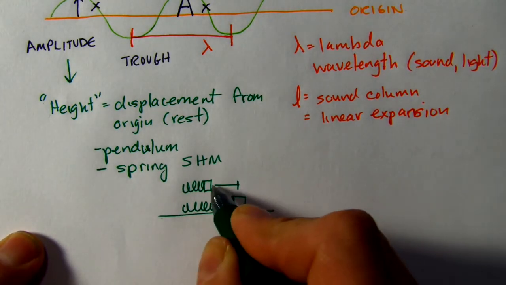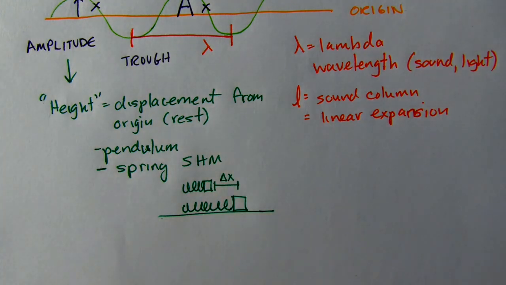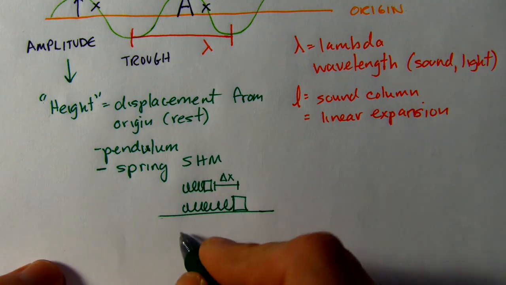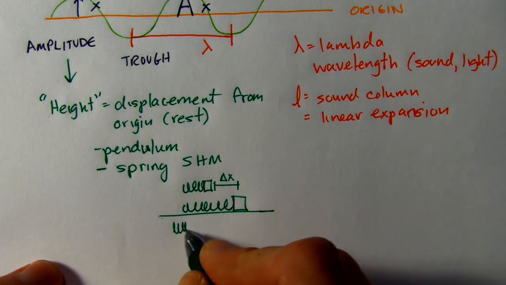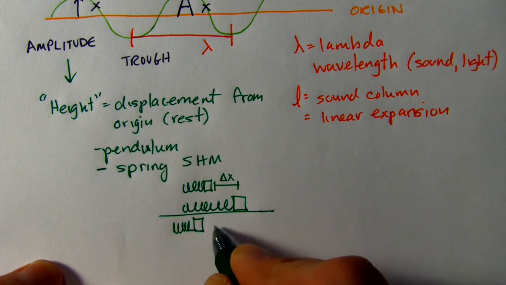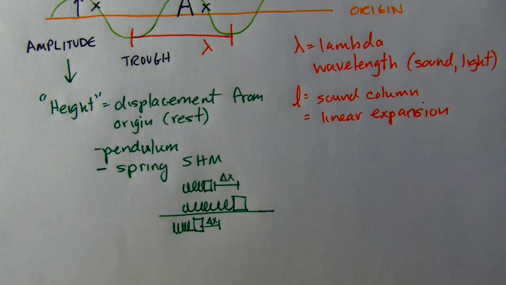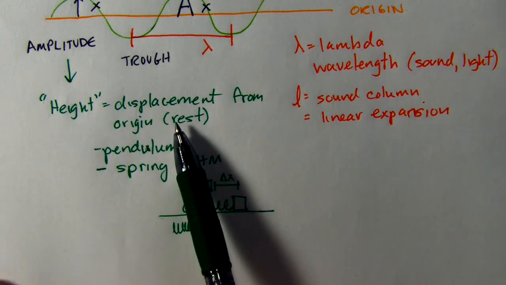You have this delta x in here, and that could be your amplitude, its displacement. And then the spring would return, go back past its position, and then get compressed, right? And so you'd have another delta x here. Okay, so that's why you need to know all of this, because it's a displacement from rest.